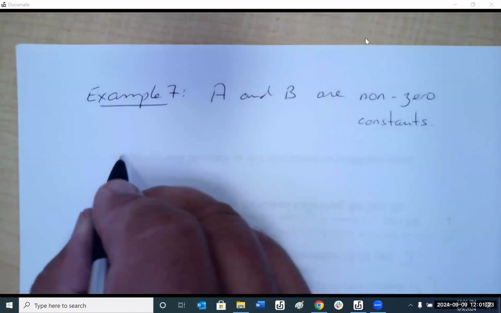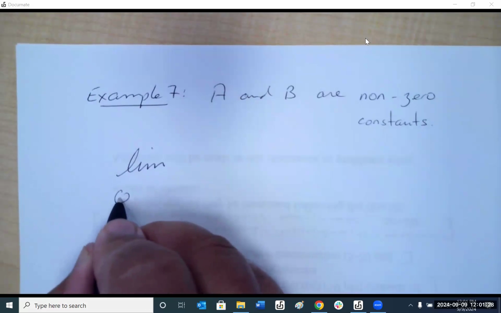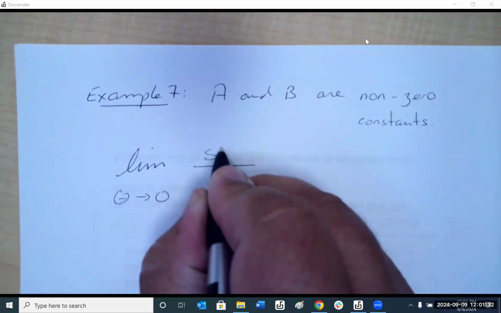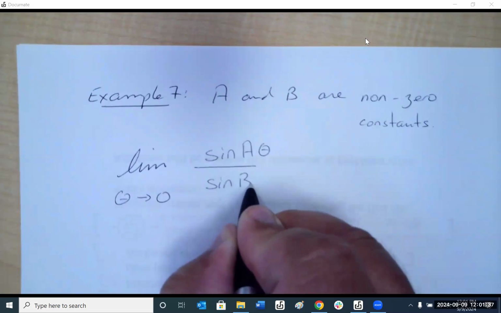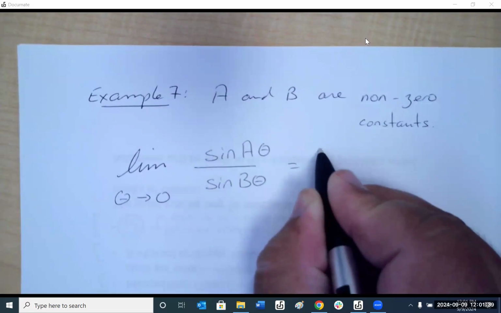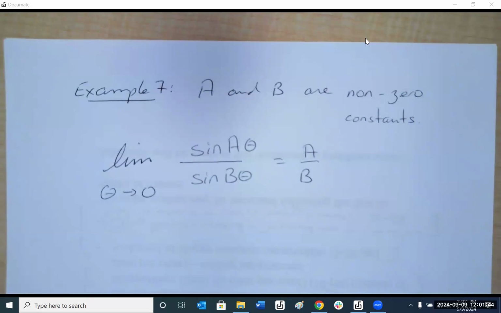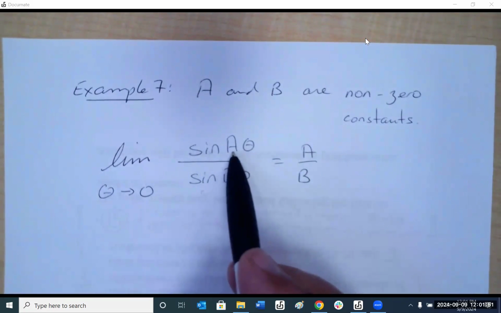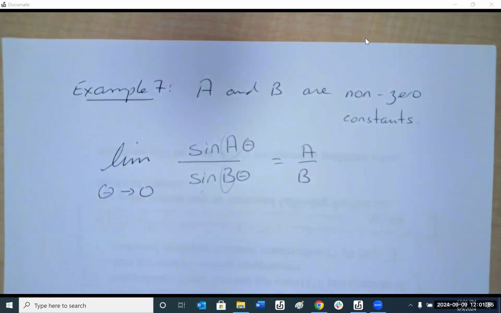Okay, here's our equation. The limit as theta goes to 0 of sine A theta over sine B theta equals A over B. This example also shows us that anytime you have sine of something, it's just the coefficients of your angle.